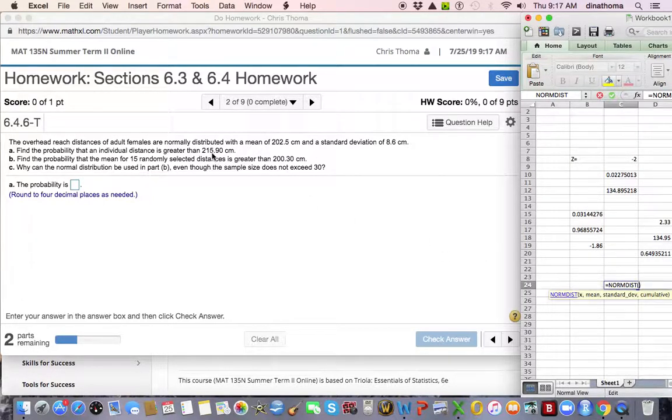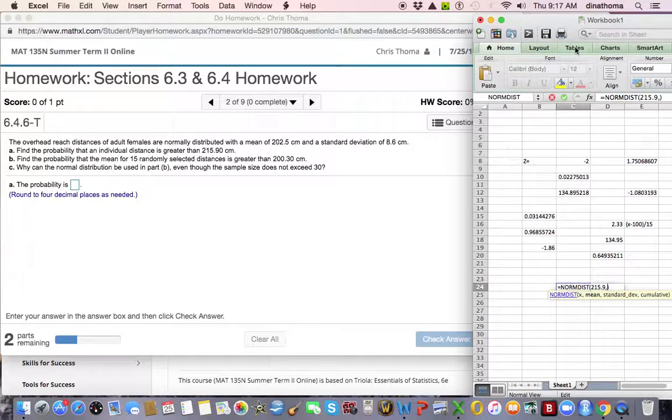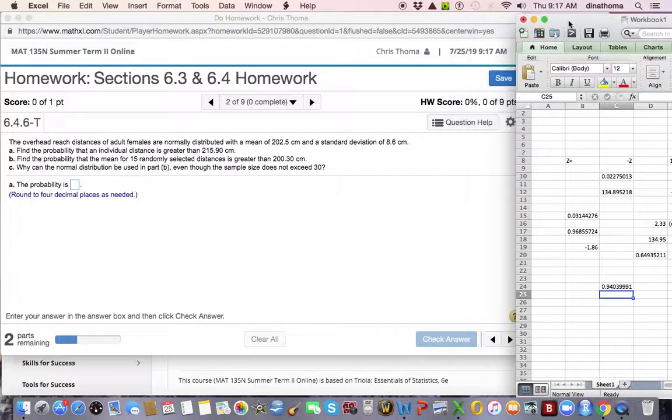My X value is 215.9. My mean is 202.5. My standard deviation is 8.6. And I have the CDF. I hit enter. And there's my answer. However, this is colored to the left. I need colored to the right, so therefore I have to find its complement, equals 1 minus my answer.